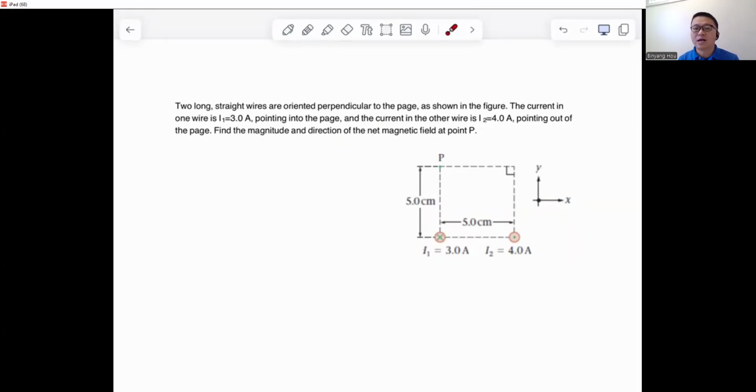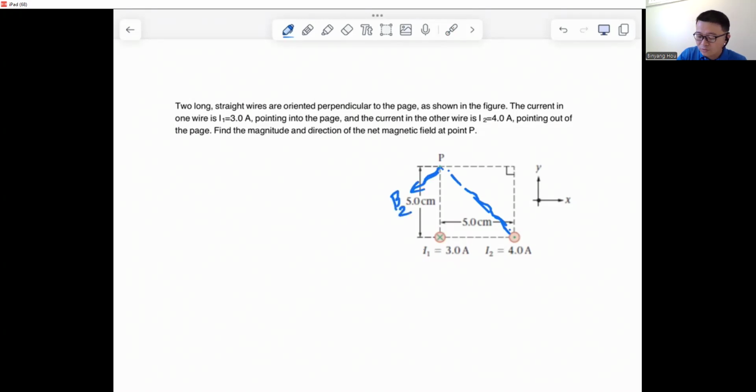Let's determine the direction of the B field by these two first. For this one pointing out of the paper, towards you, your four fingers curl in the direction of the B field. So the B field by this one will be in that direction.